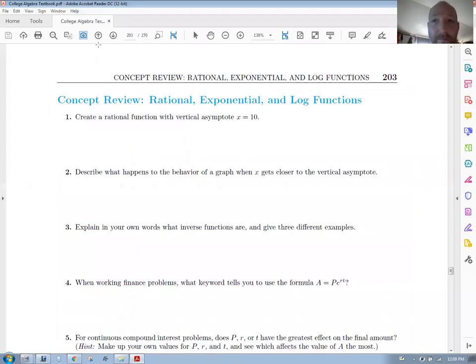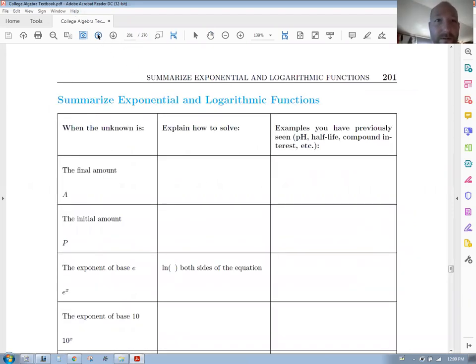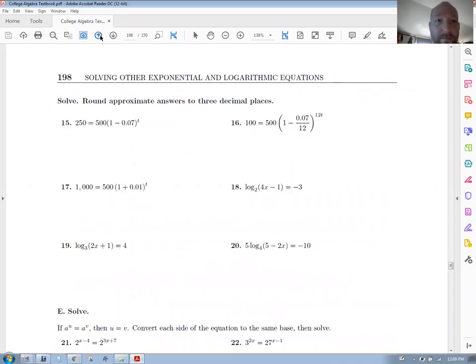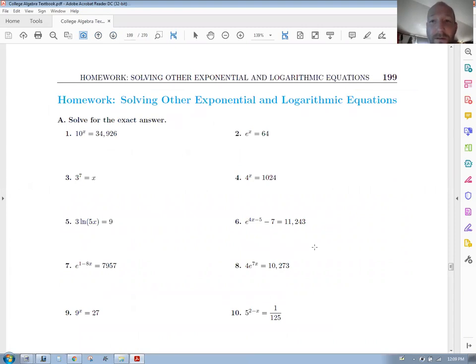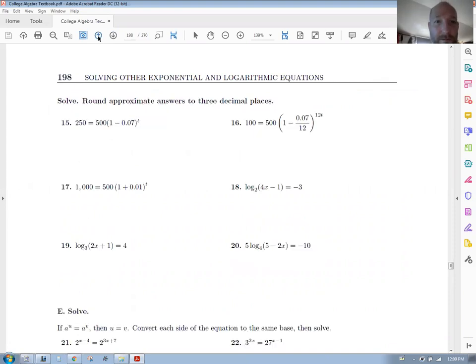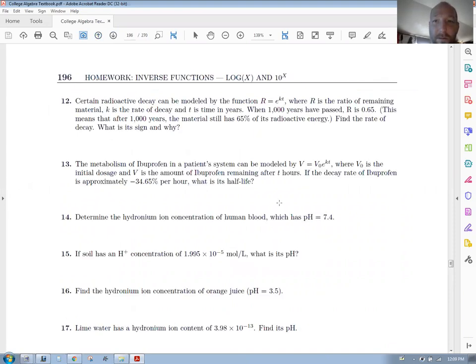All right, we're on page 204. There. There it is.